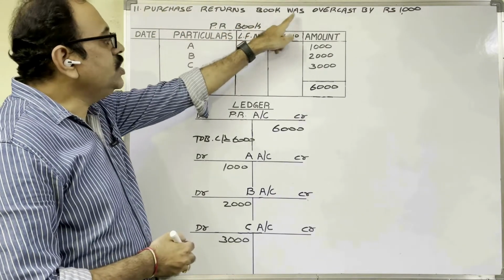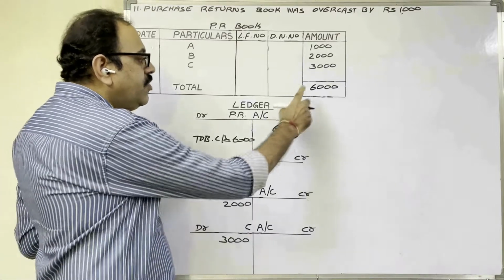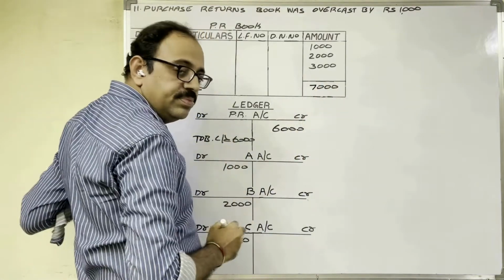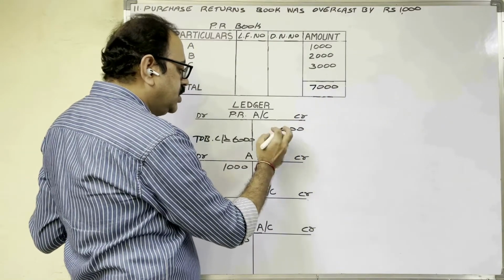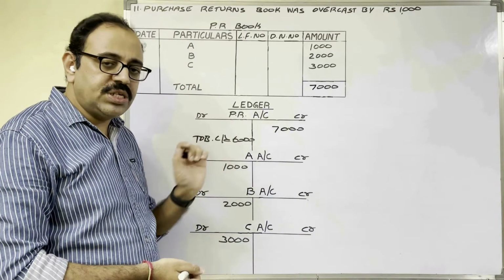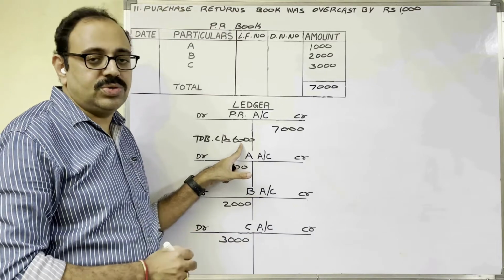Purchase returns book was overcast by 1,000. Means instead of writing 6,000, accountant wrote 7,000. Then same total he posts in purchase returns account on credit side. Then balance carried down will be 7,000. But we need correct amount here, 6,000.